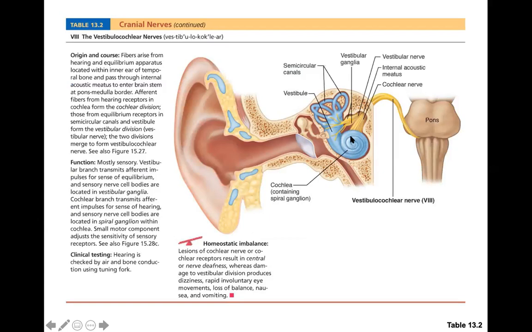This is the cochlea, where you have sound waves, which will be picked up by the receptors there. And this is the cochlear nerve, and these two will fuse to form the vestibulocochlear nerve, which again is cranial nerve number 8.